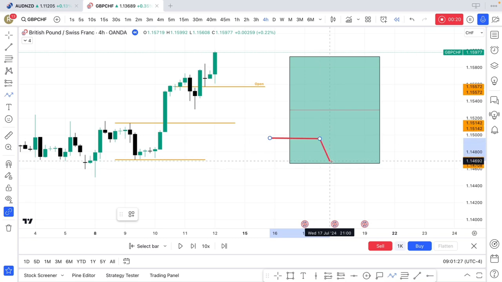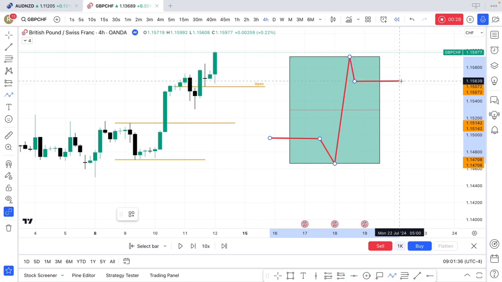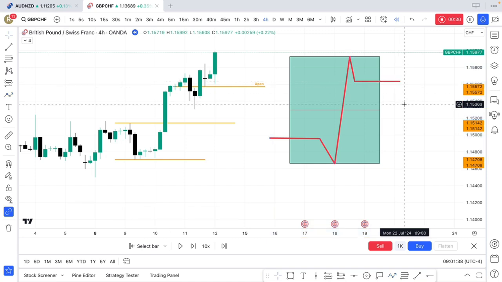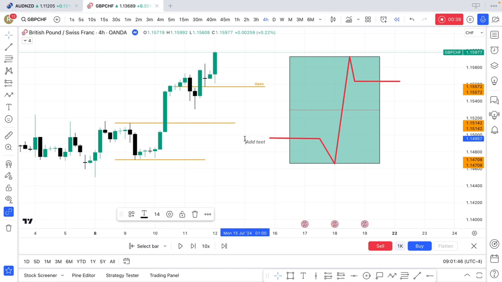It has a manipulative phase, and it has what? An expansion space. That is expansion before it closes here. So this is an open of the candle. This is what every candle has.